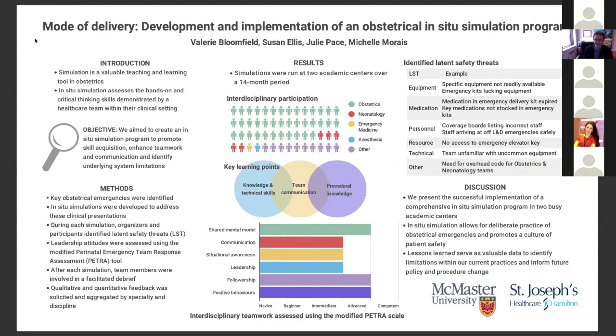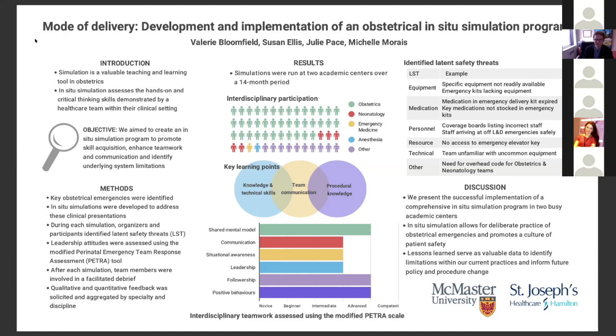Simulations were run without advanced warning on a monthly basis in different settings, including labor and delivery, antepartum and postpartum wards, as well as ancillary settings such as the diagnostic imaging unit, emergency department, and hospital cafeteria. We used hybrid birthing models and simulated patients to create realistic presentations. The participants used the equipment available within the clinical setting to provide appropriate care.